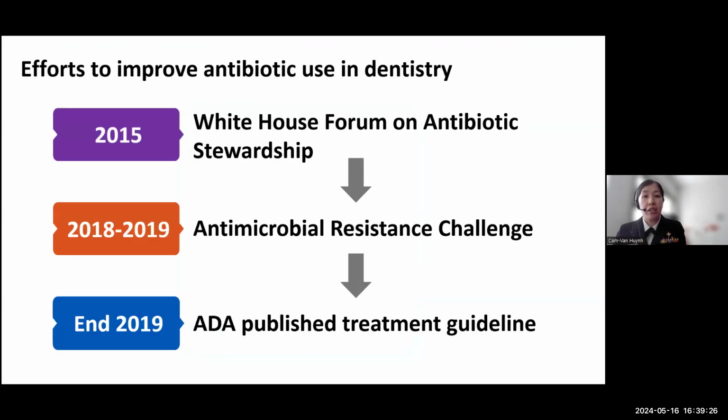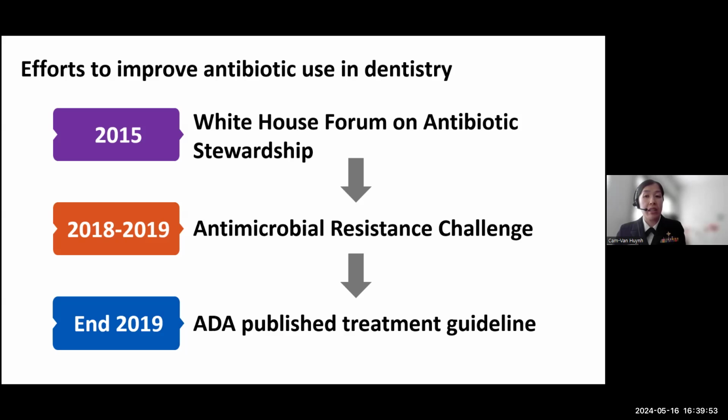As a result, there have also been national efforts to improve antibiotic use in dentistry. As part of the 2015 White House Forum on Antibiotic Stewardship, the American Dental Association, or ADA, indicated it would develop guidelines to address antibiotic use for common dental conditions. And during the 2018 to 2019 Antimicrobial Resistance Challenge, the ADA specifically pledged to create and disseminate guidance to help dentists appropriately prescribe antibiotics for dental pain and swelling.